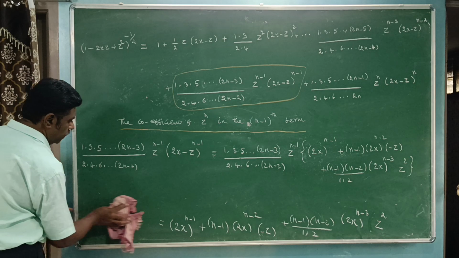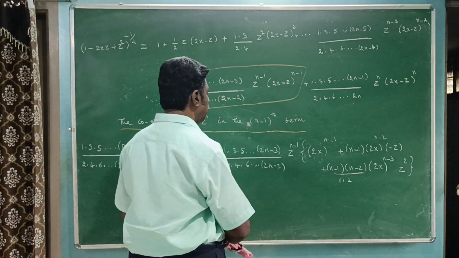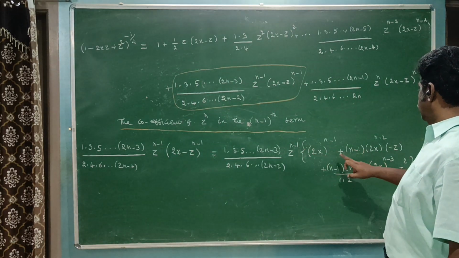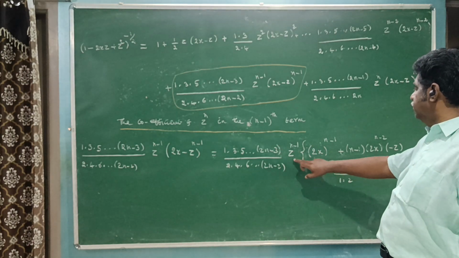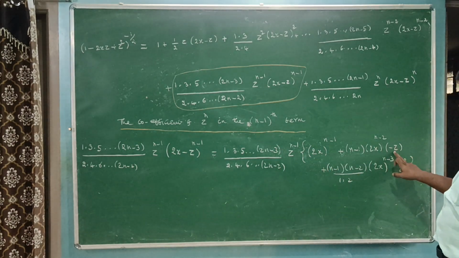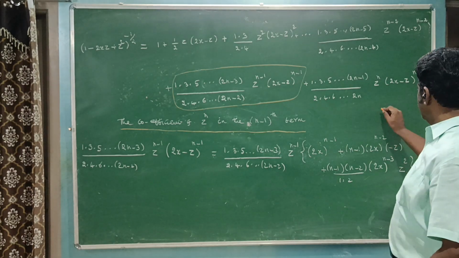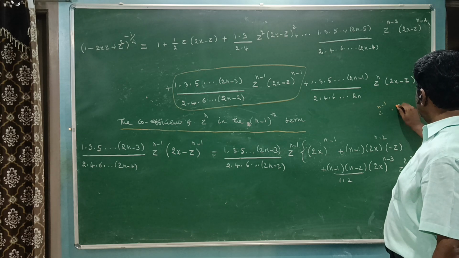For that, consider the right hand side. Here, z power n minus 1, no z term is present. We are in the position to equate the coefficient of z power n. Now come here, z power n minus 1 into z power 1.